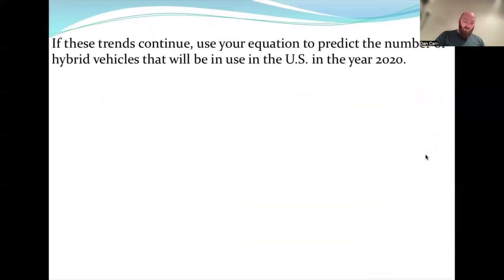If these trends continue, use your equation to predict the number of hybrid vehicles that will be in use in the US in the year 2020. Okay, so the idea is that in the year 2020, since we define this as years since 1997, I have to figure out what year is 2020 compared to 1997. So X is going to be 23 when we compare those. So all I have to do is just plug this into my model.